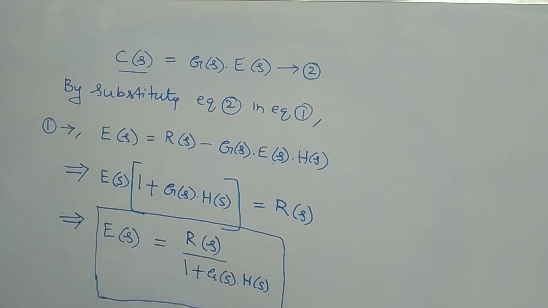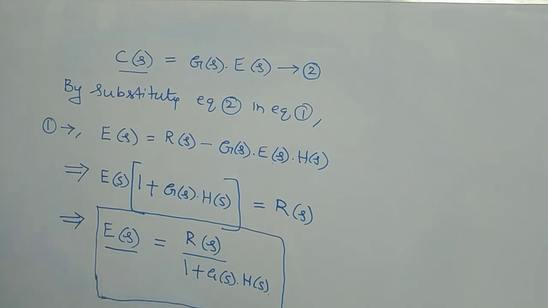Now, what is the steady state error? Steady state error is nothing but the value of the error signal E of t. E of s is nothing but the Laplace transformation, so if you take the inverse Laplace transformation, it comes into E of t.